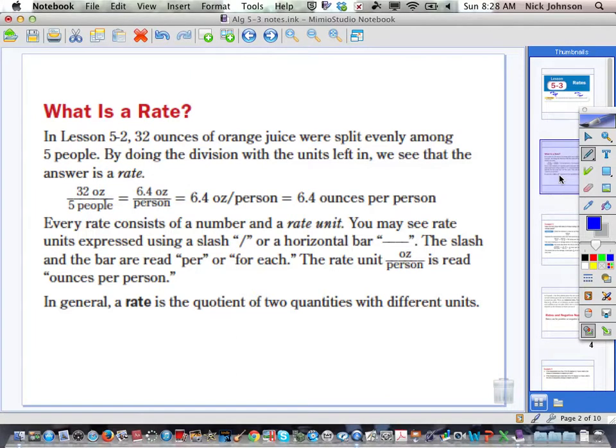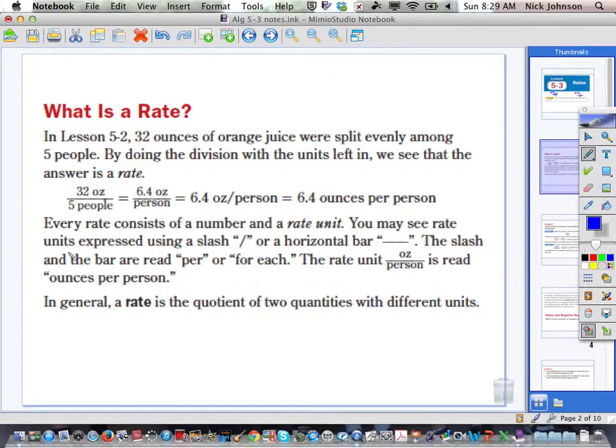In Lesson 5-2, 32 ounces of orange juice were split evenly among 5 people. By doing the division with the units left in, we see that the answer is a rate. 32 ounces divided by 5 people equals 6.4 ounces per person of orange juice that they get. Every rate consists of a number and a rate unit. You may see rate units expressed using a slash or a horizontal bar.